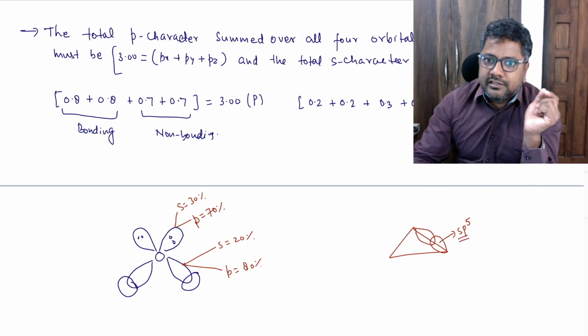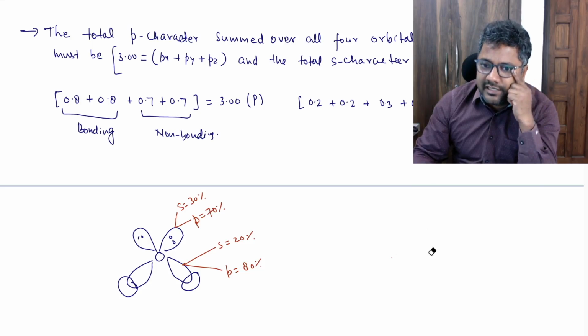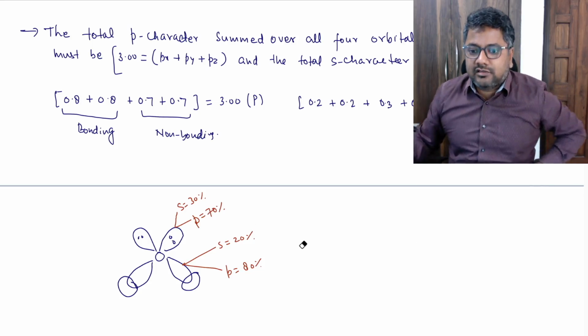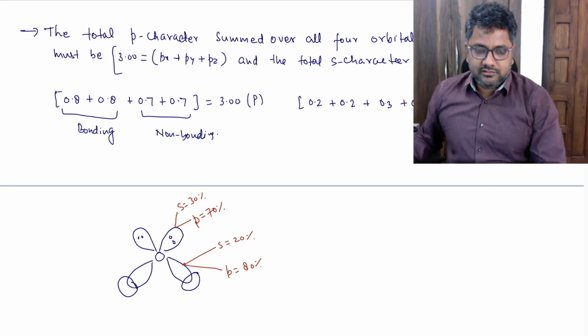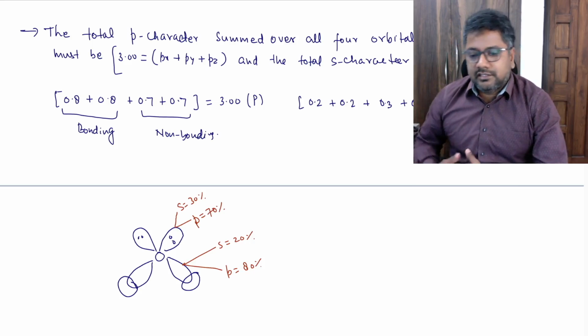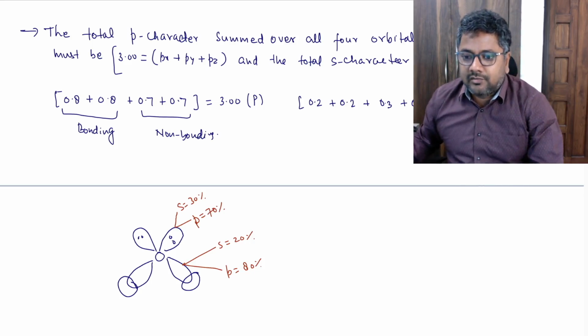So this type of calculation and concept we will find in other molecules as well. So now, like this water molecule, you can explain the ammonia molecule also, and some other non-equivalent hybrid orbitals, how they have non-equivalent contributions of S and P character, right?